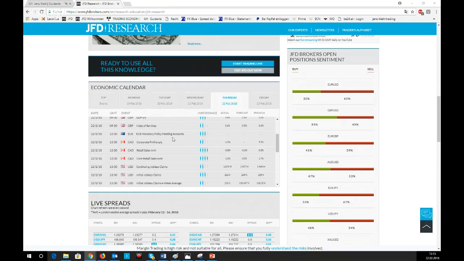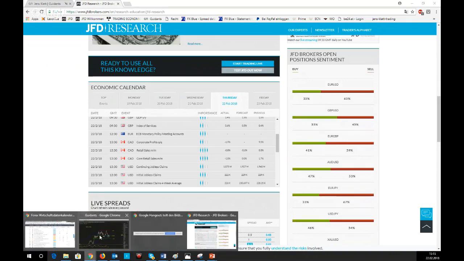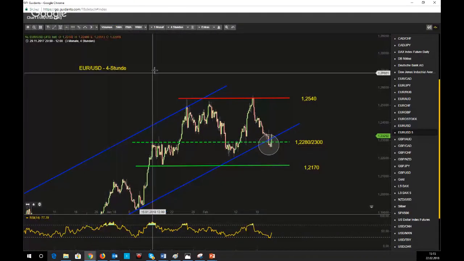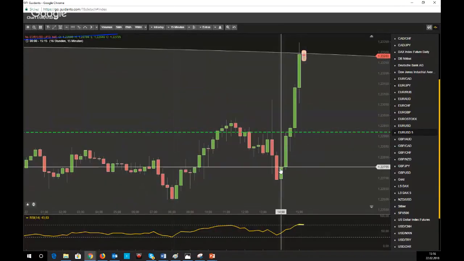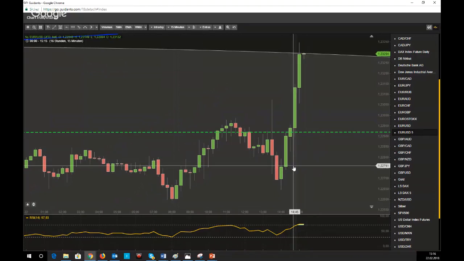What's definitely worth noting is probably the ECB policy meeting, the ECB minutes if you want. Let's just see when this move started. No, not one bit.